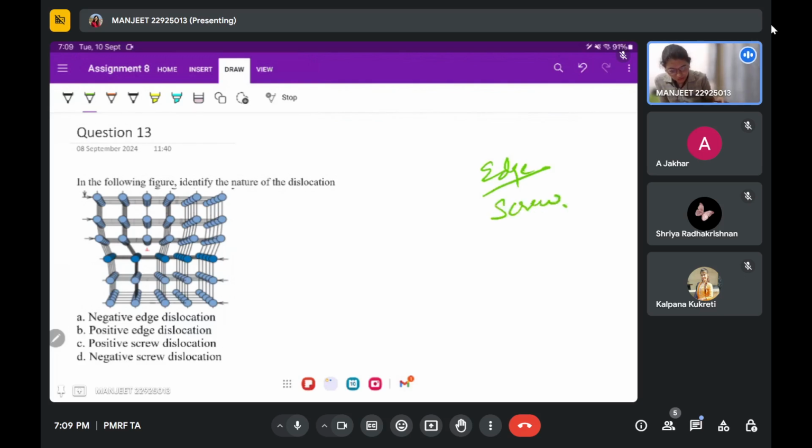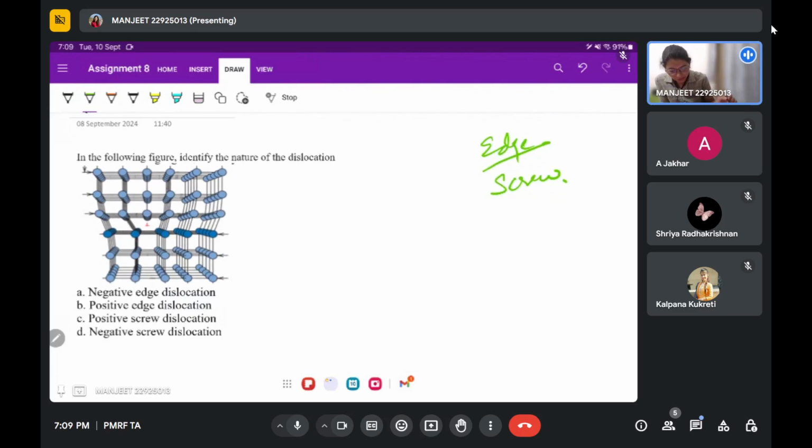Now, if b is perpendicular to t, then it will be the edge dislocation. If it is in the positive direction, then it will give the positive dislocation. If it is in the negative direction, then it will give the negative dislocation.